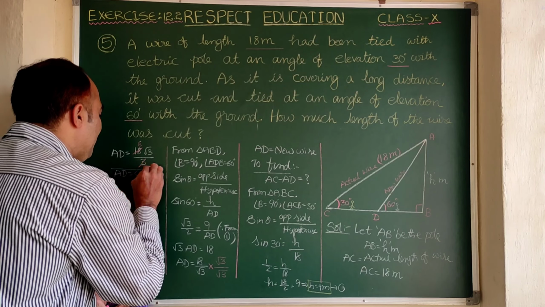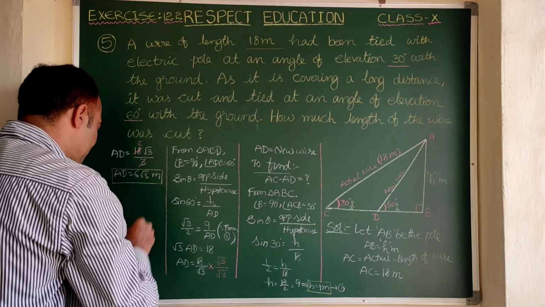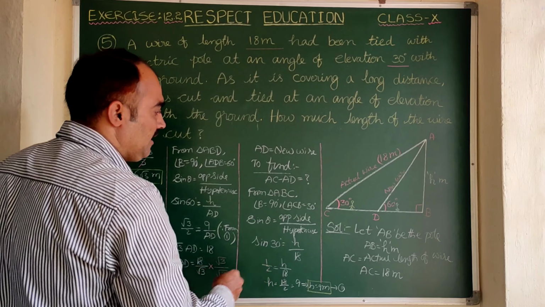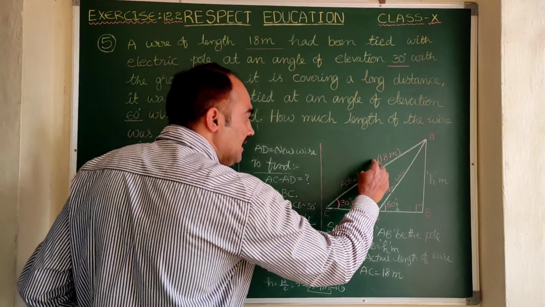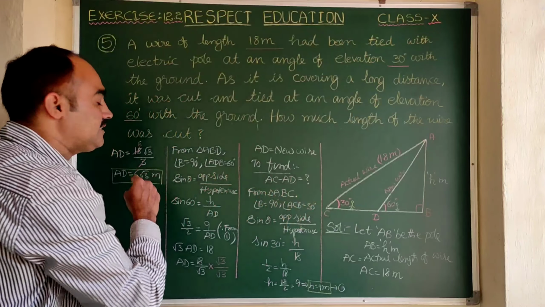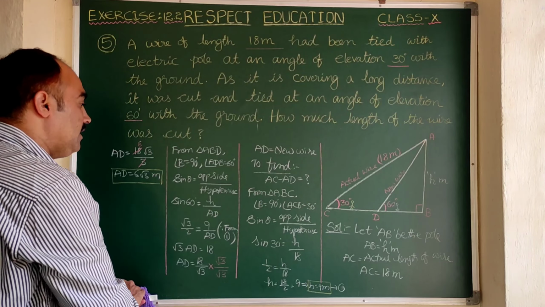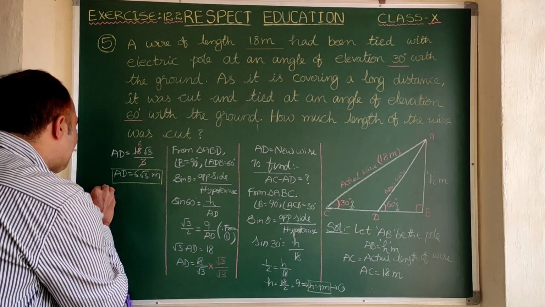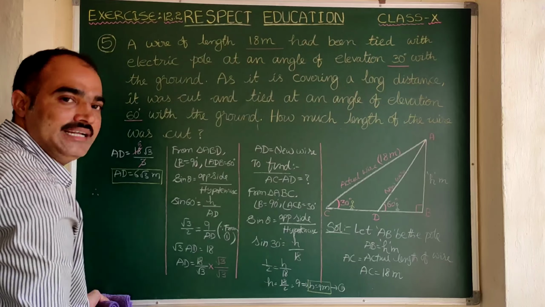Now we got the values. AC is given, that is 18. AD we just now found as 6 root 3. Therefore, let us conclude: what is required? AC minus AD is required.